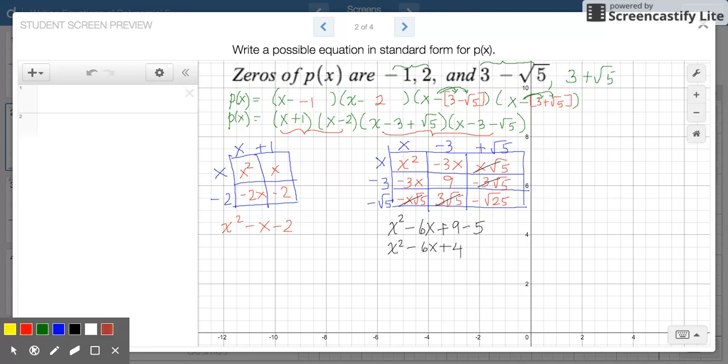So now we will multiply these two. We'll need another 3 by 3 in here.